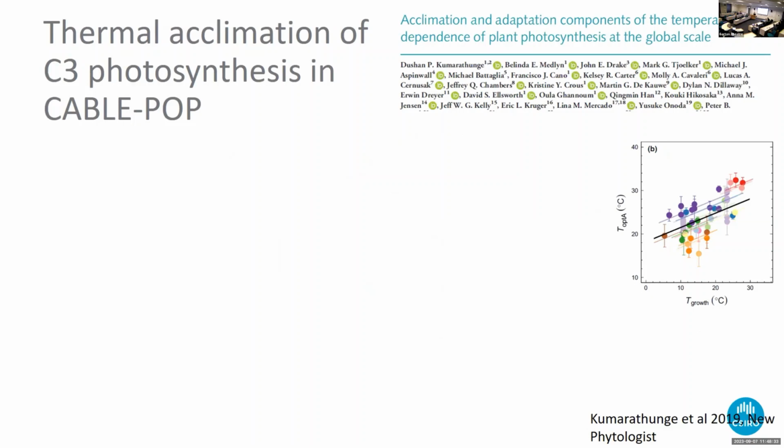So this is the equation. It's the function in CABLE. It's the peaked Arrhenius equation that describes the temperature dependence of photosynthesis. And I don't like putting equations on the screen because I'm not very good at maths, but I put it there so that I can just show you what it does. So this is the photosynthetic process rate.